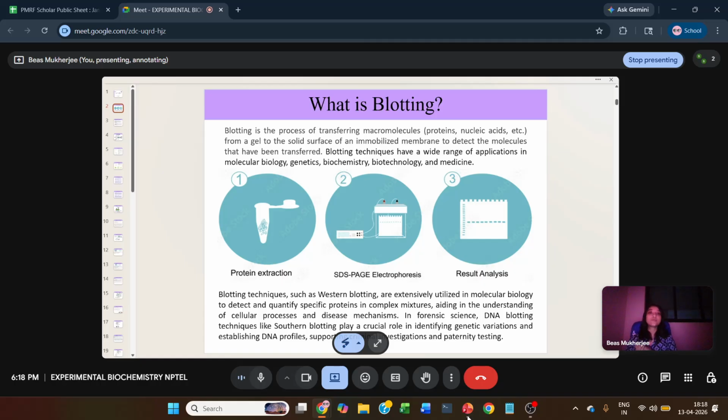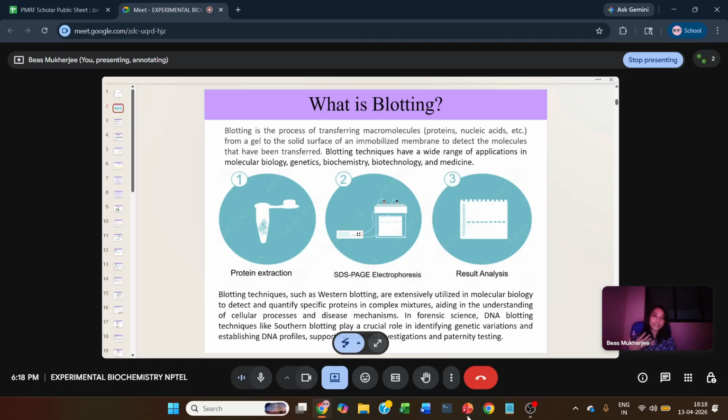So blotting is the process of transferring macromolecules such as proteins, nucleic acids, etc. from a gel onto a solid surface of an immobilized membrane to detect the molecules that have been transferred. Blotting techniques have a wide range of applications in molecular biology, genetics, biochemistry, biotechnology, and medicine.